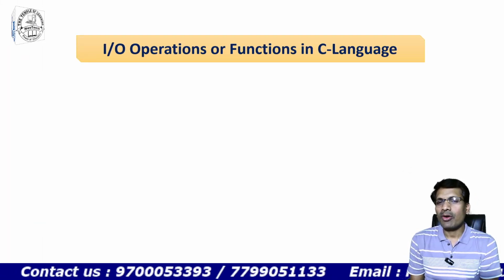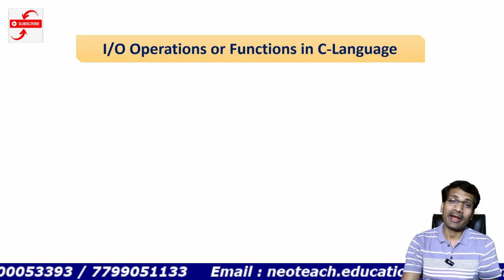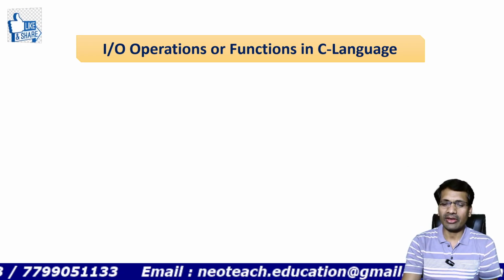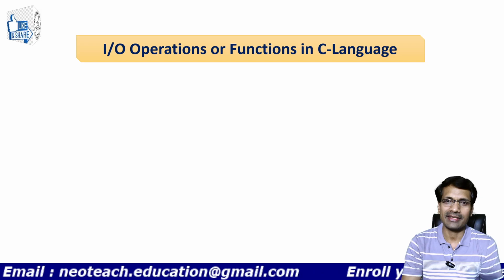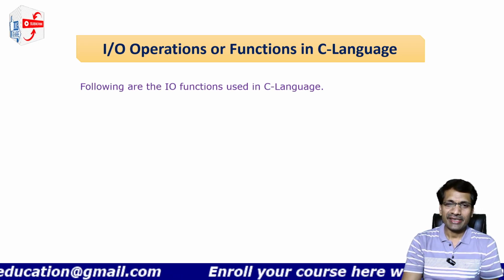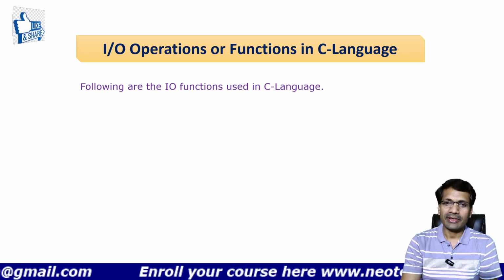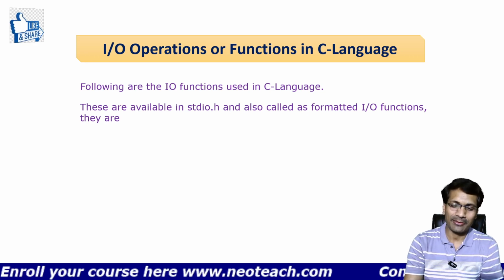These IO operations are also called IO functions, or formatted IO functions, because we use formatting codes for these functions to format the content. Basically, the following are the IO functions used in C language. They are available in stdio.h.